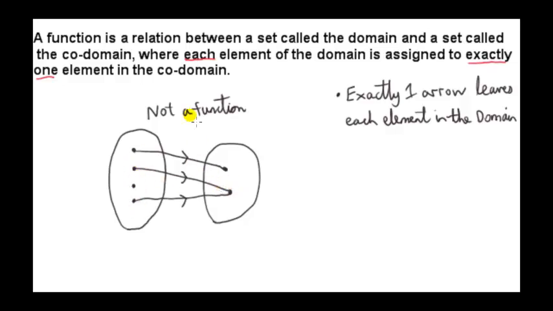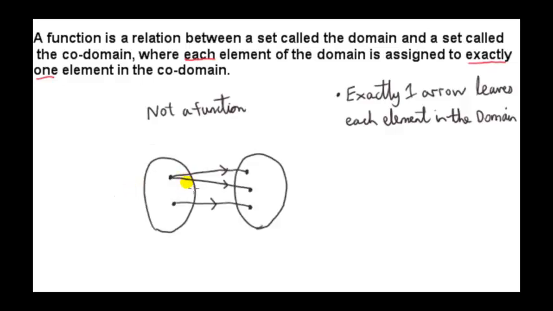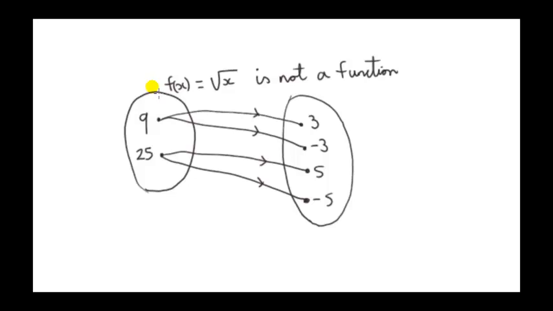Here is an example of a relation that is not a function. And the reason that this is not a function is that this element in the domain has no arrow leaving it. Here is another example of a relation that's not a function. You can see that 2 arrows leave this element. Here's a relation that is not a function.